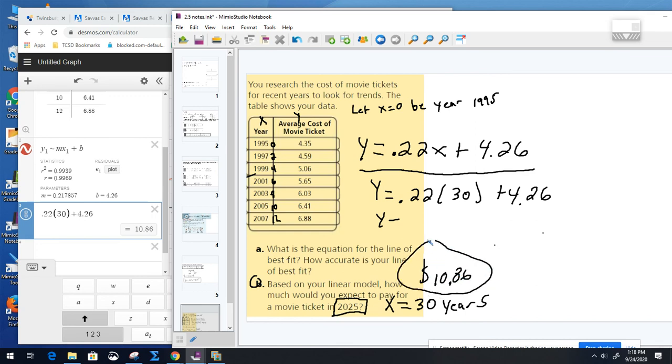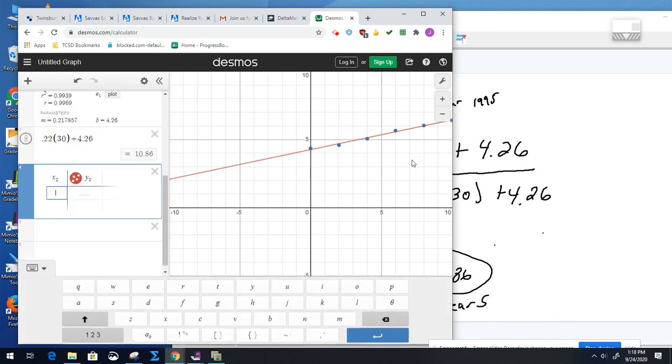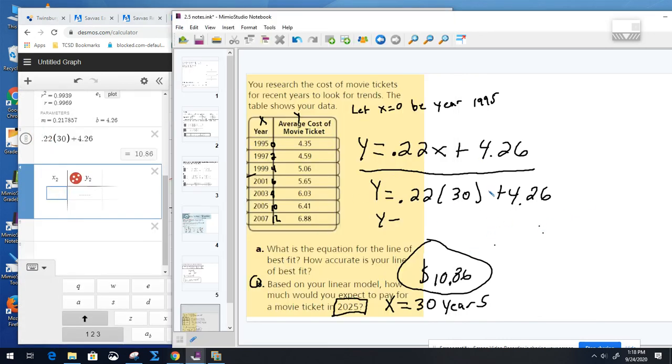So that's how we can use this data to answer these questions. You're going to have a couple of questions like this where you've got to enter all that stuff into a blank table. How do you get a blank table on Desmos? You hit the plus, you go to blank table. Then you've got to enter the formula. What formula do you enter into Desmos?